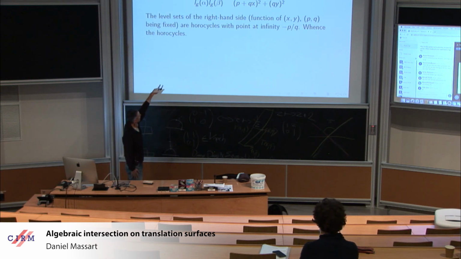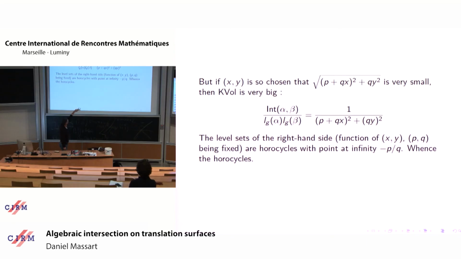And when are those curves very short? They are short when the denominator here is small. And you see that actually the level sets of this function are horocycles centered at minus p over q.